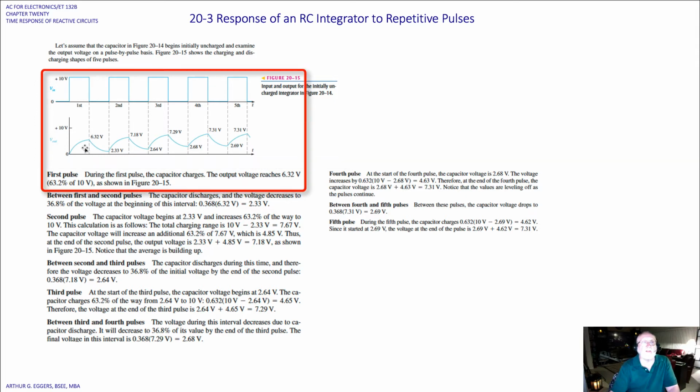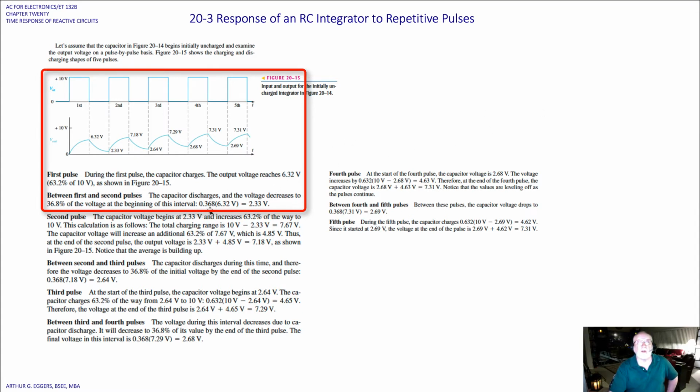If we look at the first pulse, during the first pulse the capacitor charges, and the output voltage reaches 6.32 volts, 63.2% of that 10 volt maximum. Between the first and second pulses, the capacitor discharges and the voltage decreases to 36.8% of the voltage at the beginning of the interval.